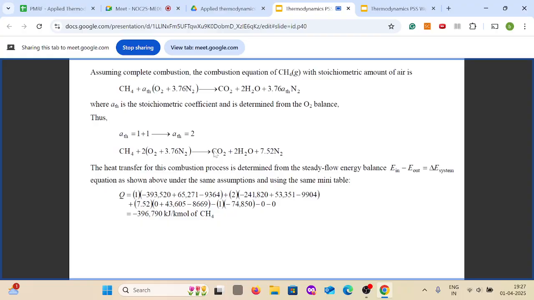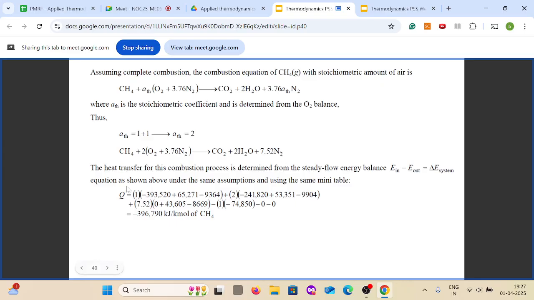Now if we assume methane combustion, this is the expression for complete combustion of methane, which gives you CO2: 1 mole of methane reacting with 2 moles of air to form 1 mole of CO2, 2 moles of water and 7.52 moles of nitrogen.